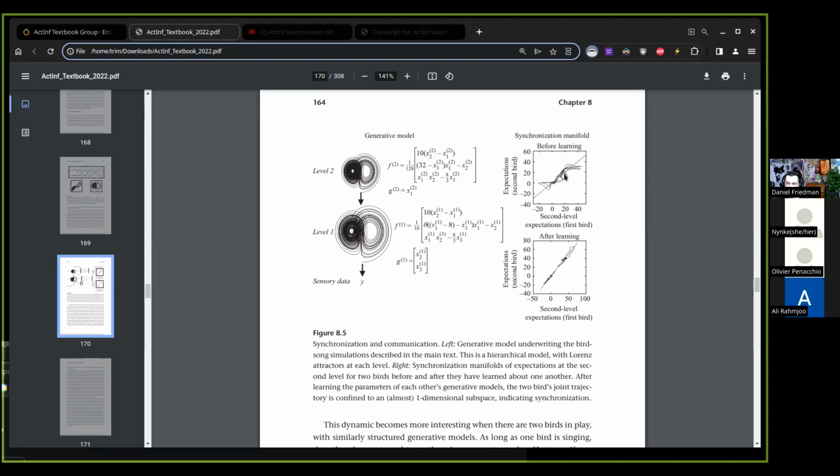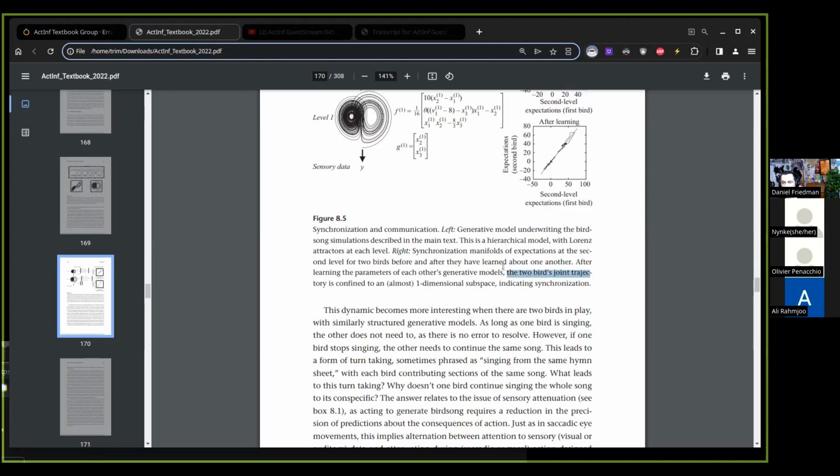Before learning, while there is overall adherence towards this Y equals X line, we see that after learning, the behavior is tightened immensely around the manifold that represents the learning to synchronize between these two birds.